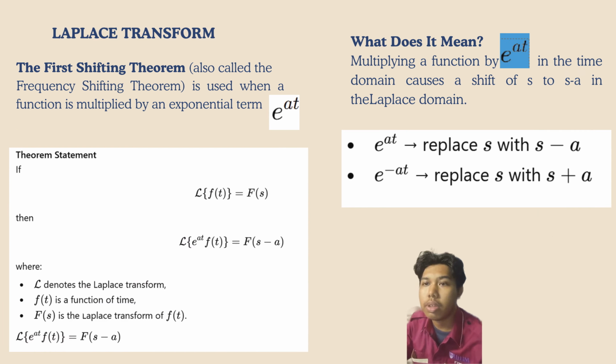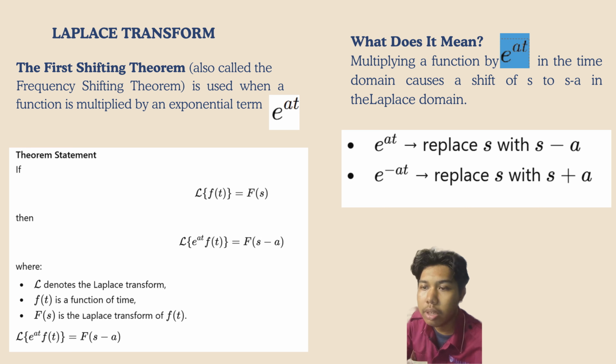So the next one is the Laplace transform first shifting theorem, also called the frequency shifting theorem. It is used when a function is multiplied by an exponential term, e to the power at.